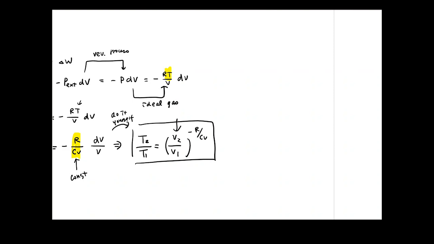That means if you expand a lot, that means you do a lot of work on your surroundings, then the temperature of your system is going to decrease more. So this is what this equation means.